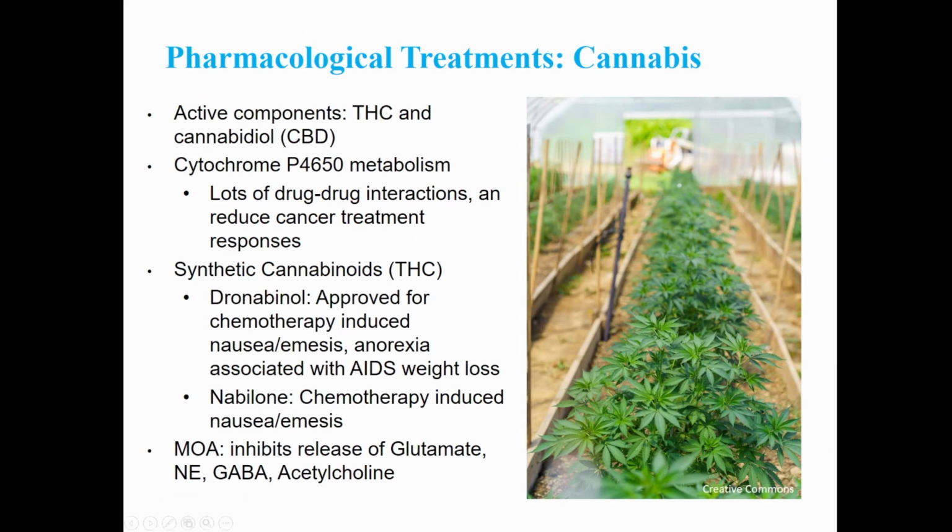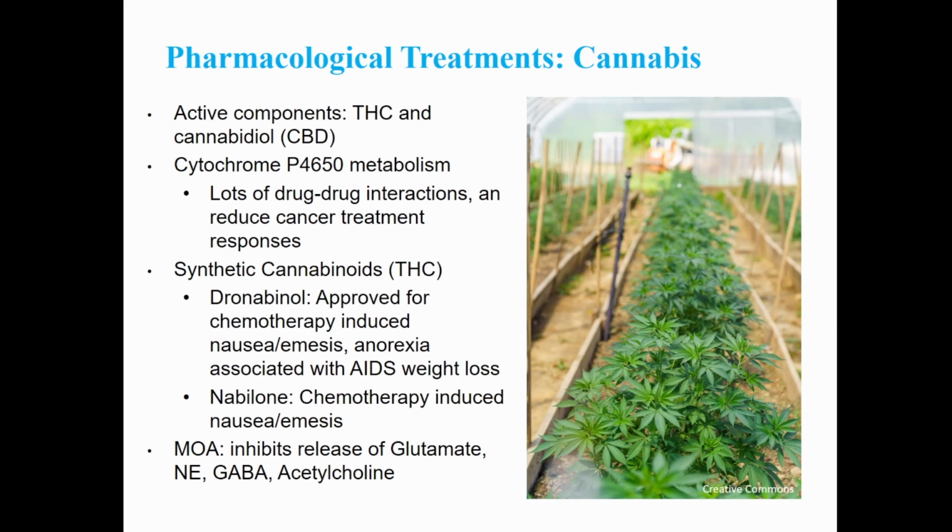There are a lot of different drug-drug interactions, and they can actually reduce some of the cancer treatment responses. So it's really important that when you're working with oncology patients, you encourage them to talk with their oncologist about this, because a lot of the different regimens might have specific interactions that we want to be aware of.